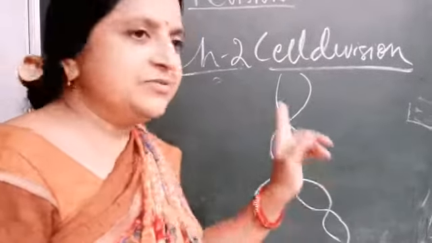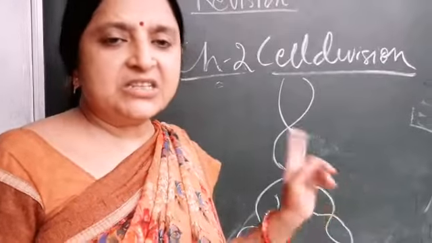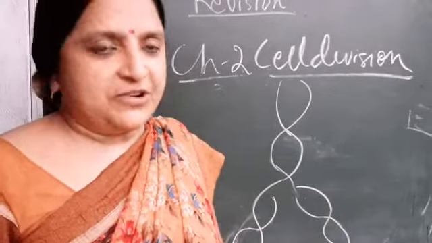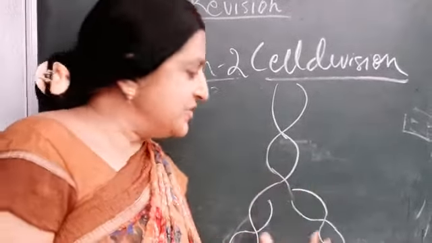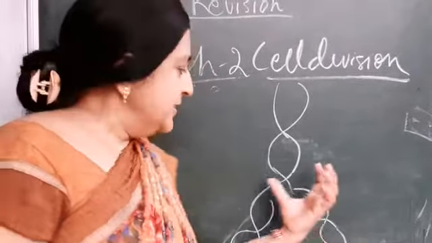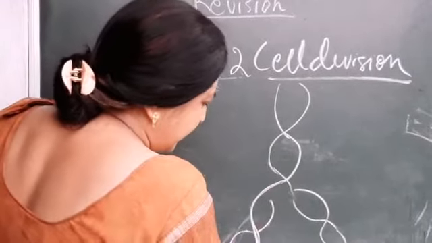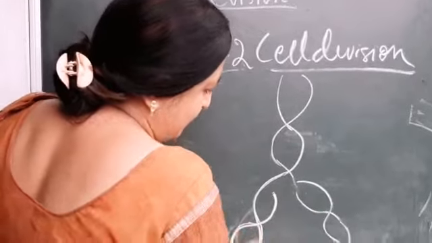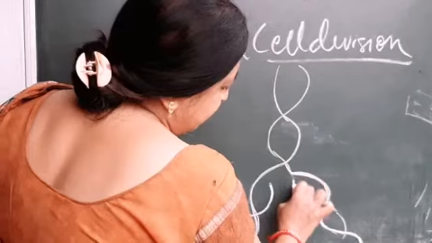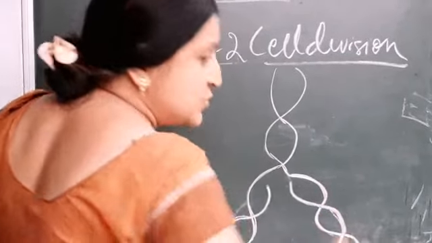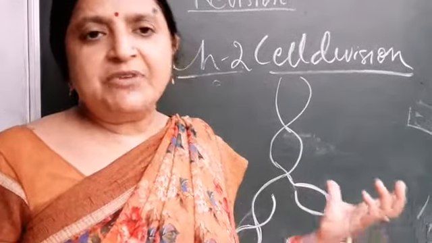We have previously studied this process in S phase; it occurs in the S phase of interphase. In these new 2 DNA, one strand is the old strand and the other is the newly formed strand. This is called the replication of DNA. In this way we have revised the second chapter.